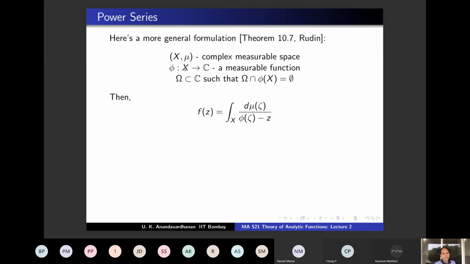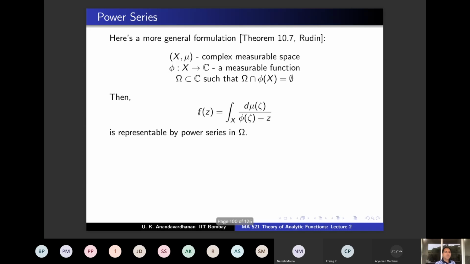Zeta is in X, phi of zeta will be in C. Phi of zeta minus z is not 0 because omega intersection phi of X is empty. Therefore, 1 by phi of zeta minus z is a nice measurable function because phi is a measurable function. And therefore, 1 by phi of zeta minus z you can integrate with respect to that measure on the space X abstractly, and you will get a complex function.